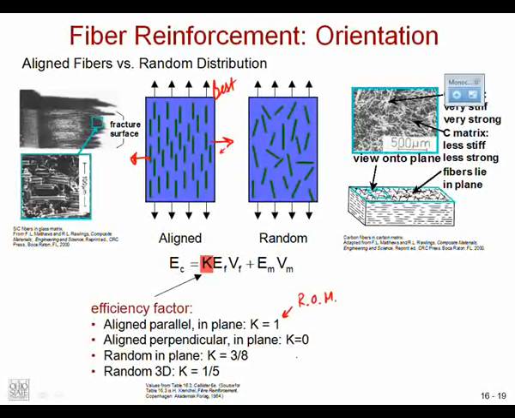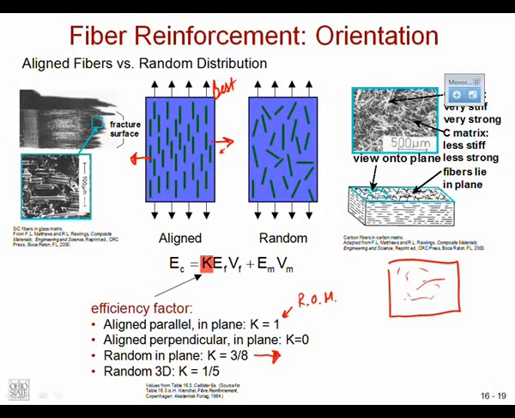The other 2 that are interesting is this one, this random oriented within the plane. And this is pretty common, where we'll take these carbon fibers and lay them in the epoxy and do layers of epoxy. Okay, so within a layer, they'll be all over the place.